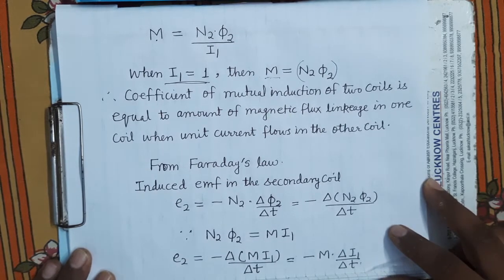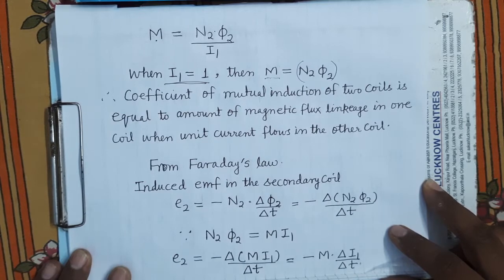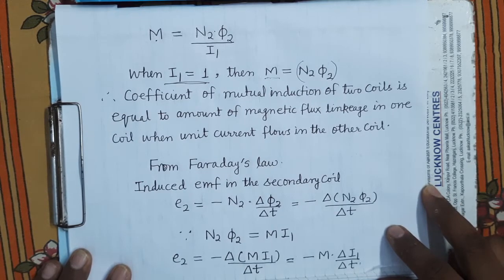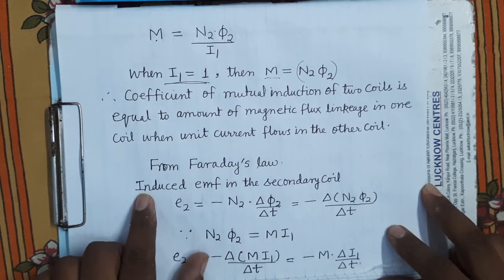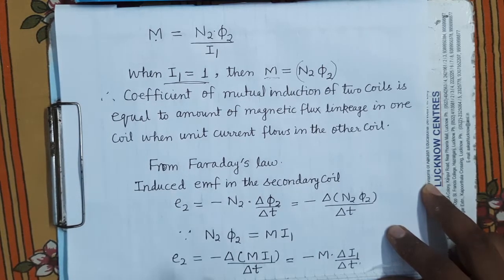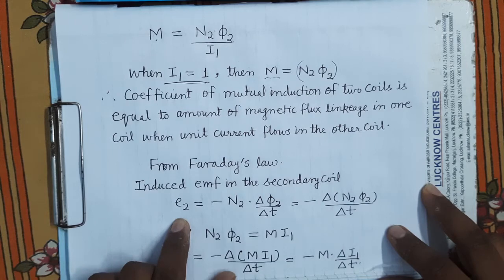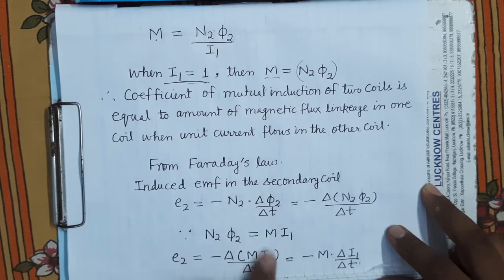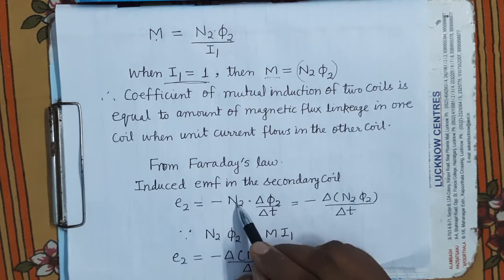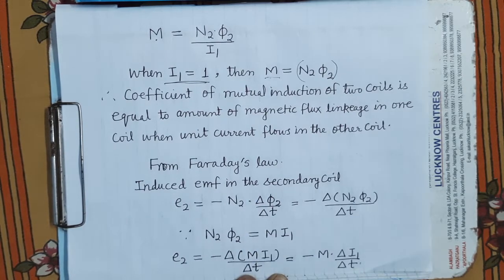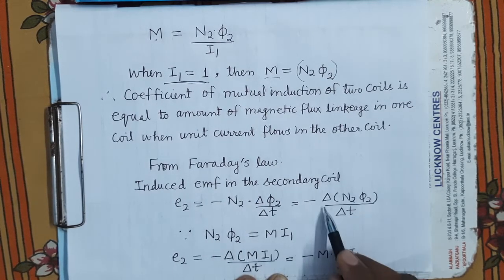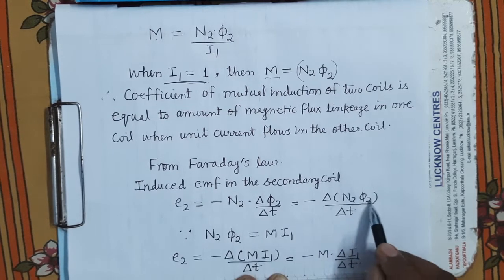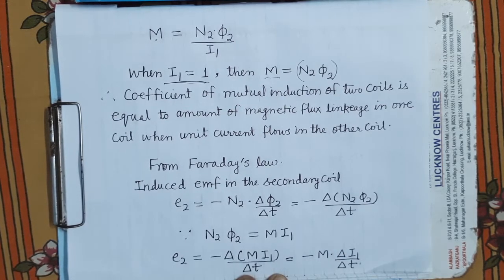Now we can deduce one more relation for induced EMF by using Faraday's law of electromagnetic induction. The induced EMF in the secondary coil is given by E2 equals minus N2 delta phi 2 upon delta T. Taking N2 inside, it becomes minus delta N2 phi 2 upon delta T.